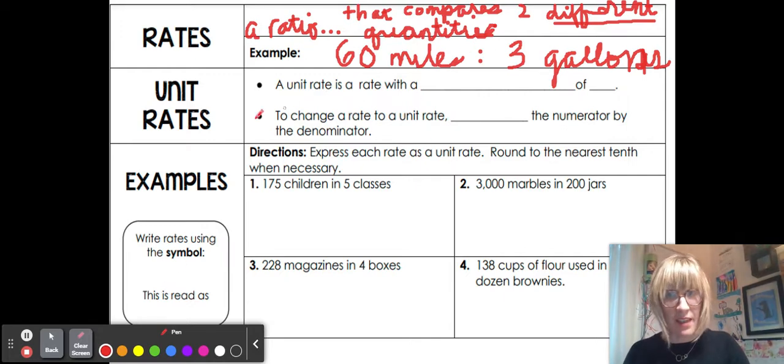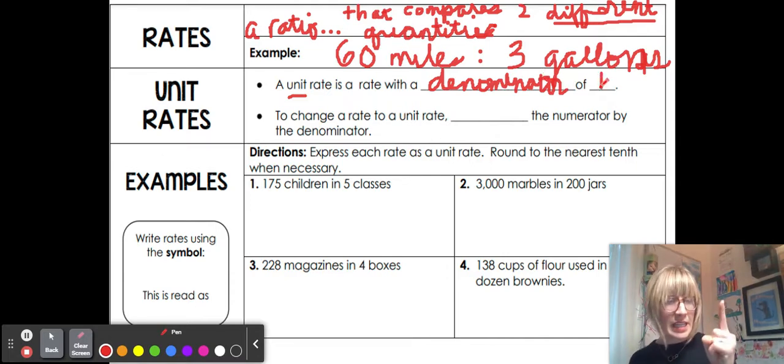So a unit rate then is, if you think about the word unit, a unit literally means one. So a unit rate is a rate with a denominator of one. Okay, so a unit is one, right?